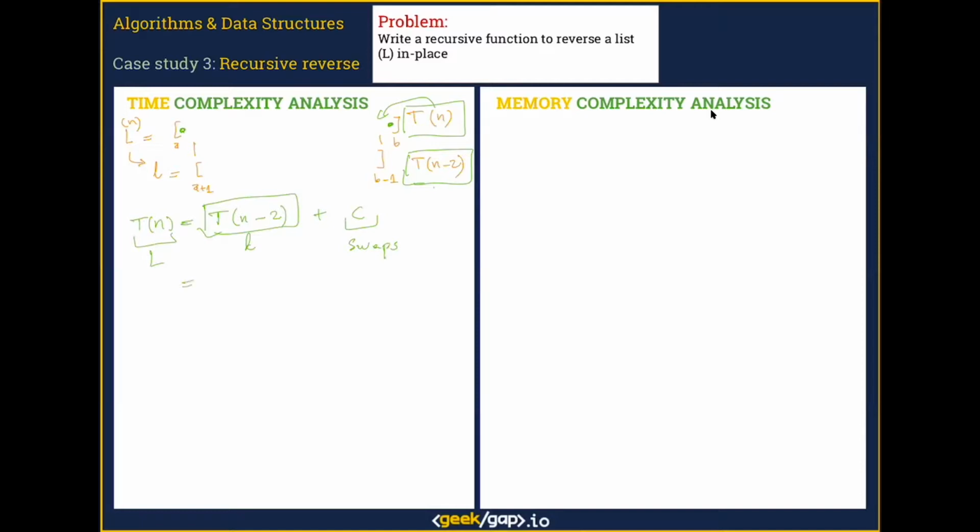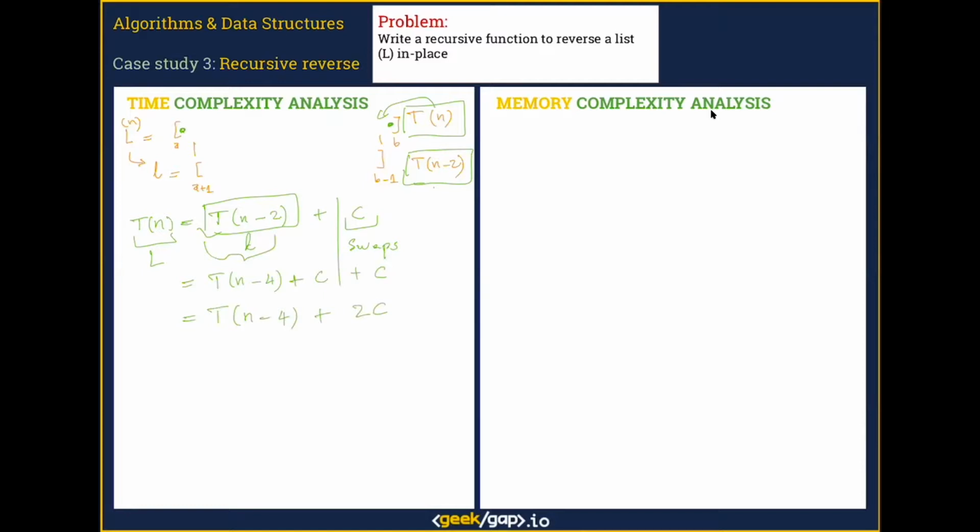Great. So if we continue like this, what we have is T of n minus 4 plus another c, plus the c that we had before, and so on and so forth. So this will be O(n). Yeah, exactly. You're exactly right. So T is T of n minus 4 plus 2c.